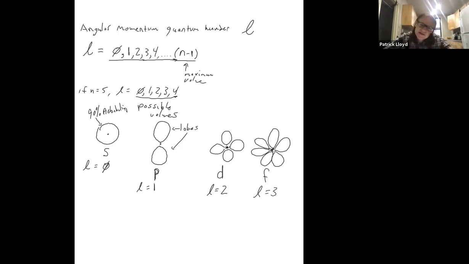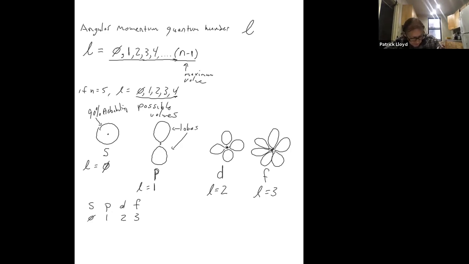It turns out it's related to some of the hydrogen spectra discussion that we had earlier with the Bohr model, okay? So L equals 0, 1, 2, 3. Let me make a little table that you need to memorize: S, P, D, F, with L equal to 0, 1, 2, 3.